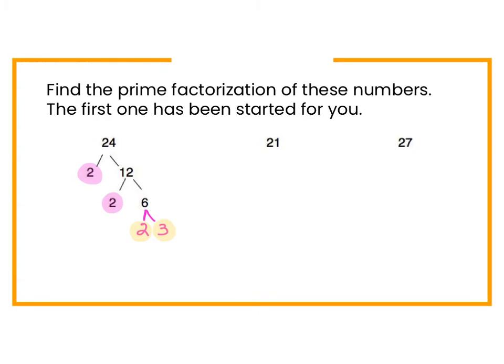Now we are left with only prime numbers, and we can write them out in order from least to greatest. I see 3 2's, so we can write 2 times 2 times 2, and then 1 3 times 3.